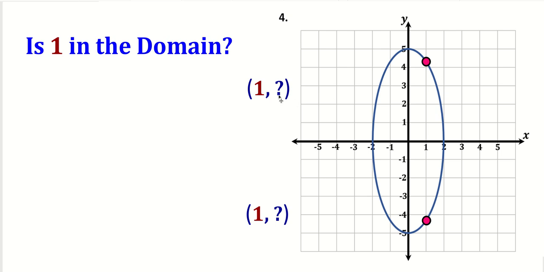It is obvious that 1 is in the domain because of those points. How about 2? Is 2 in the domain? X equals 2? Yeah. Because of that point right there. One of the points represented on this graph is 2, 0. So yeah, 2's in the domain.